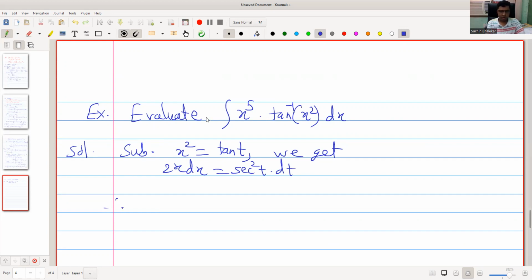We call this I equal to integral x raised to 5. Here we need 2x dx, so I'm dividing by 2 and writing 2x, and writing x raised to 5 as x raised to 4 into x.